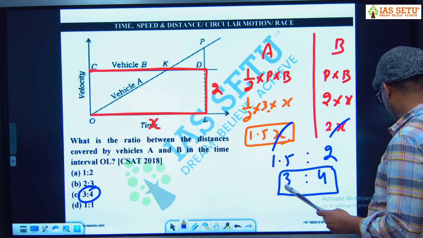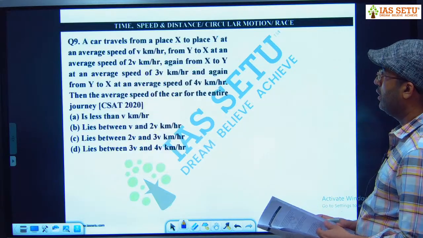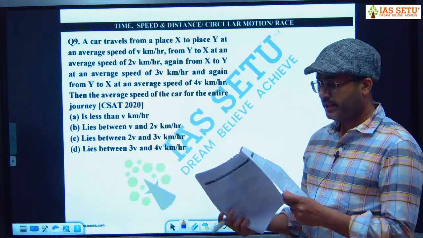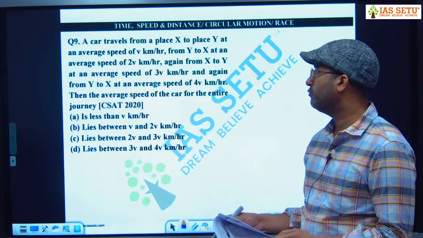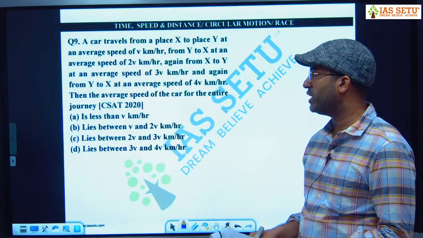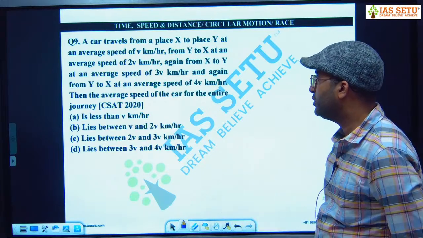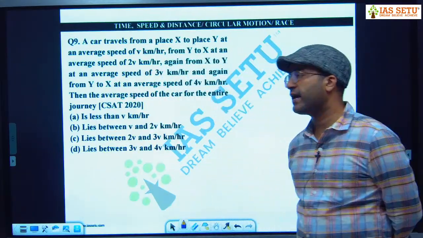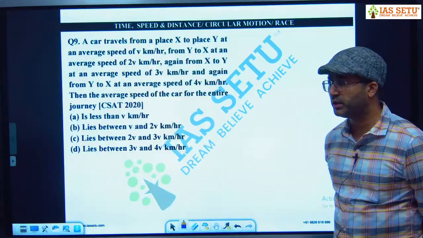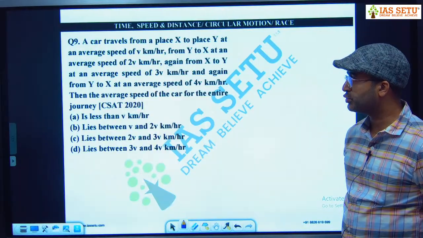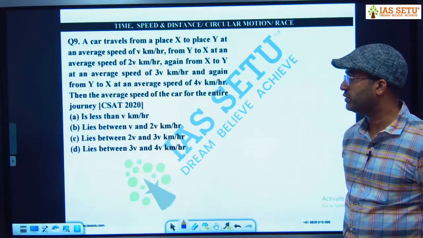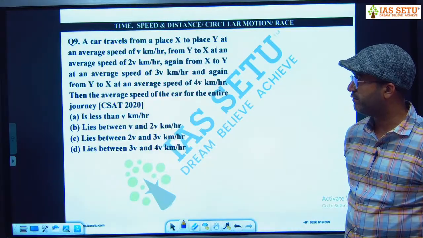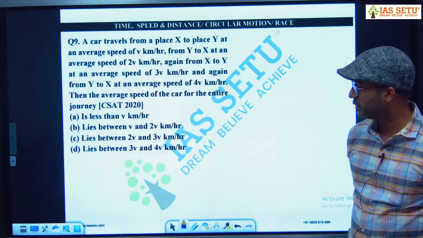नेक्स्ट क्वेश्चन, क्वेश्चन नंबर 9. A car travel from place X to place Y at an average speed of v km per hour, from Y to X at an average speed of 2v km per hour, again X to Y at an average speed of 3v km per hour, again from Y to X at an average speed of 4v km per hour.